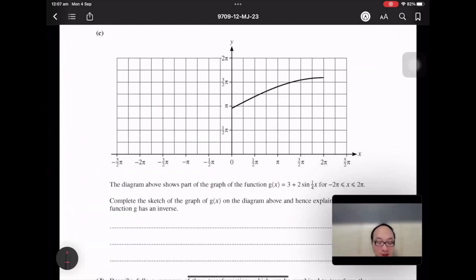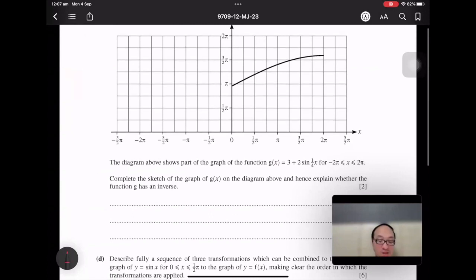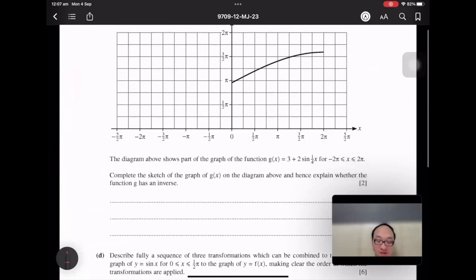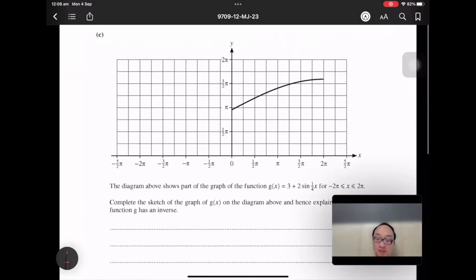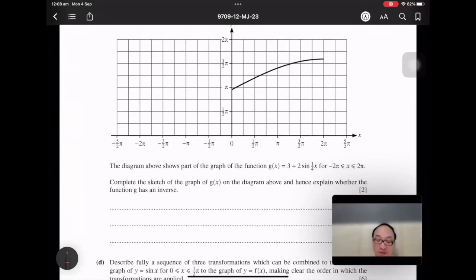The diagram above shows part of the graph of the function 3 plus 2 sine 1 over 4x for negative 2 pi until 2 pi. Complete the sketch of the graph of g(x) in the diagram and explain whether the function g has an inverse. So if we continue from the negative one, we know that the sine has the mirror of (0, 0).